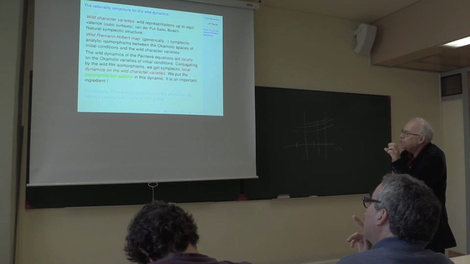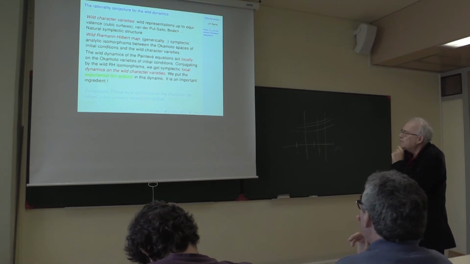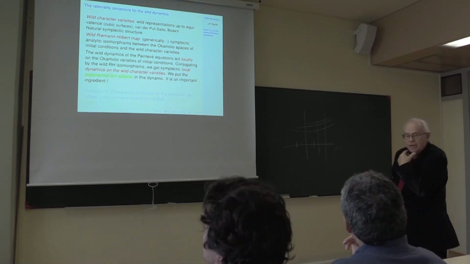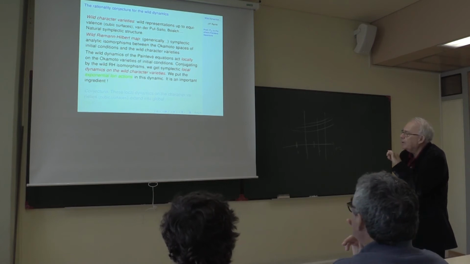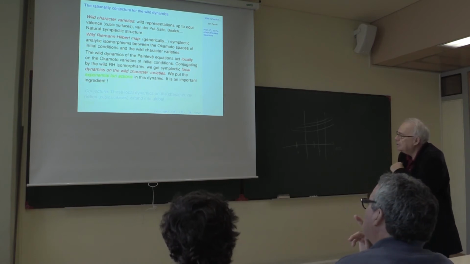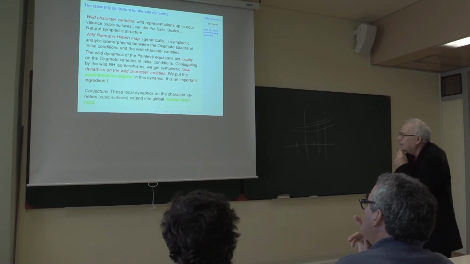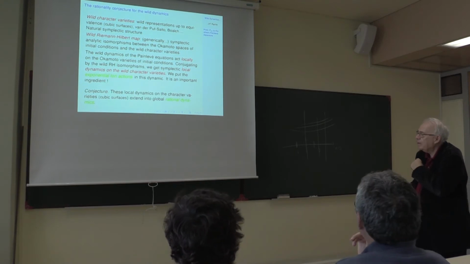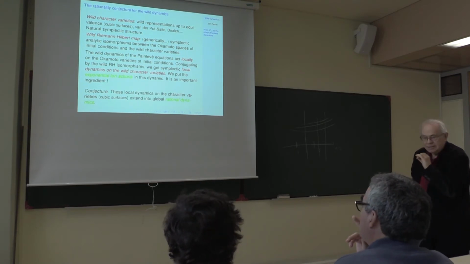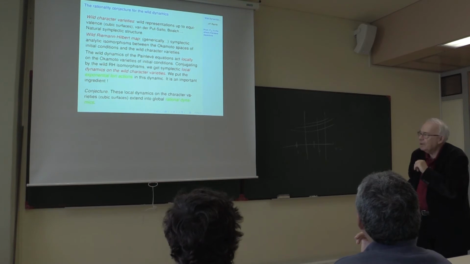As I explained before, the wild dynamics exist locally on the Okamoto variety of initial condition, and conjugating with the Riemann-Hilbert map, you get symplectic local dynamic on the wild character variety. So one of my main conjectures was that this local dynamic can be extended into rational dynamic.